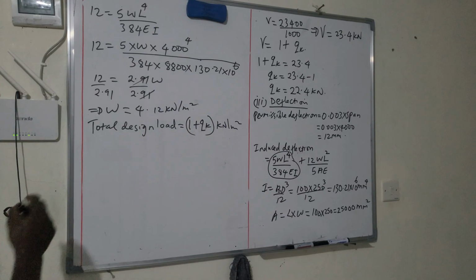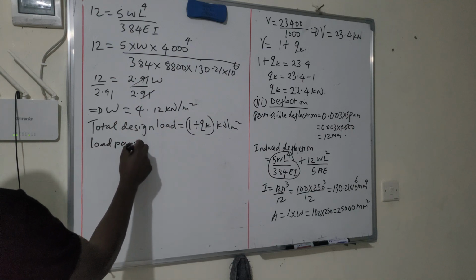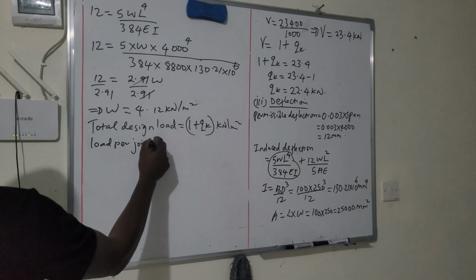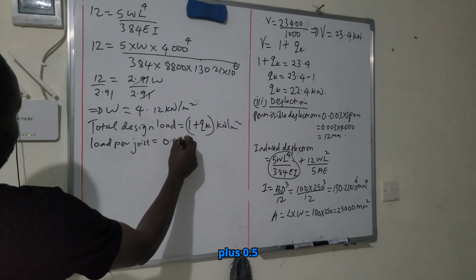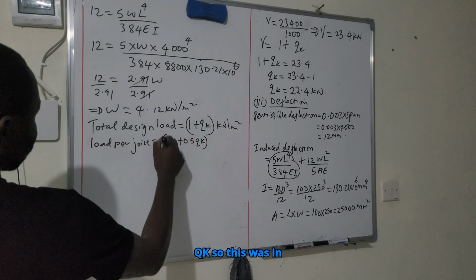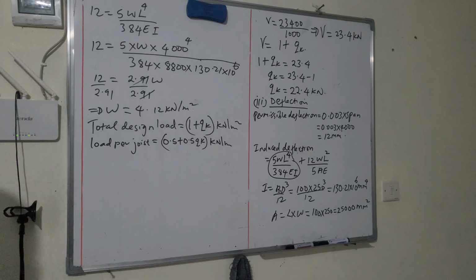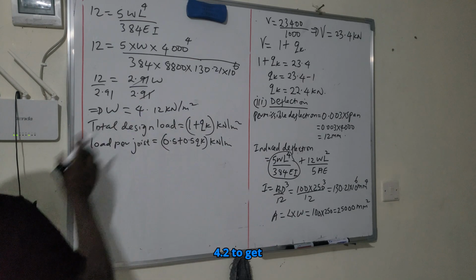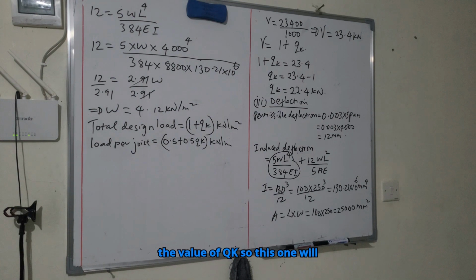And then load per joist was 0.5 plus 0.5 QK. So this was in kilonewton per meter from the beginning of this question. So you'll compare this and 4.12 to get the value of QK.